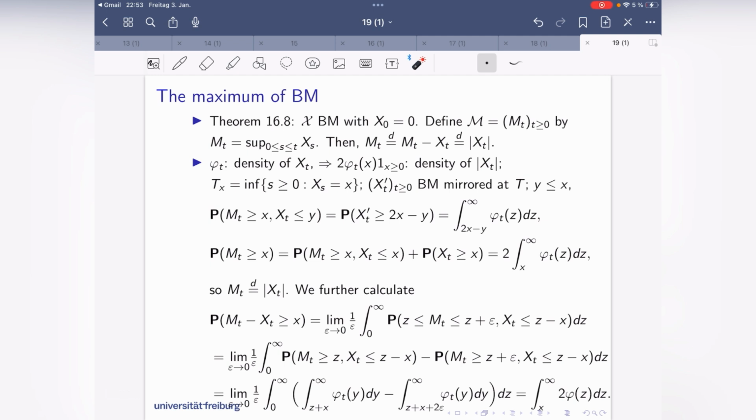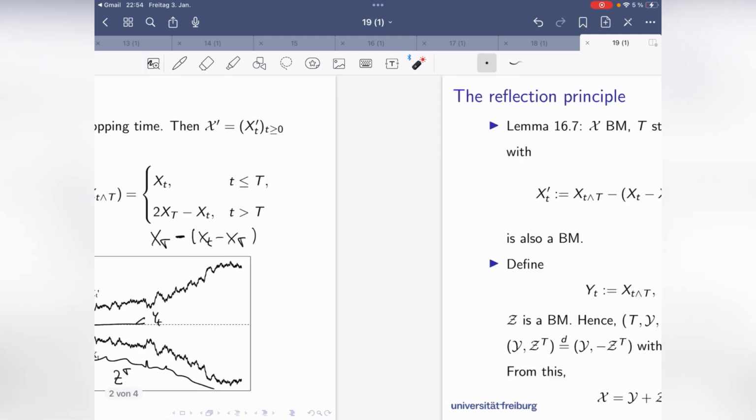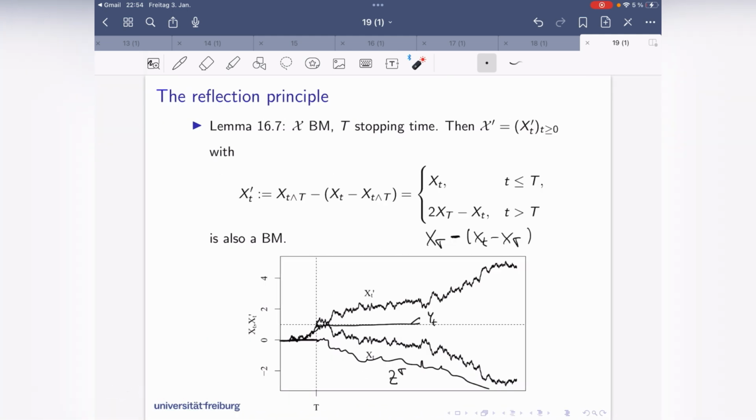And we are using this on this slide here, sorry, it's a little bit full here, to see the following. So Mt, that's what I said in the intro, that's the supremum of Xs for s less or equal than t. So let me just delete everything which I drew here. So Mt, let me draw the screen.